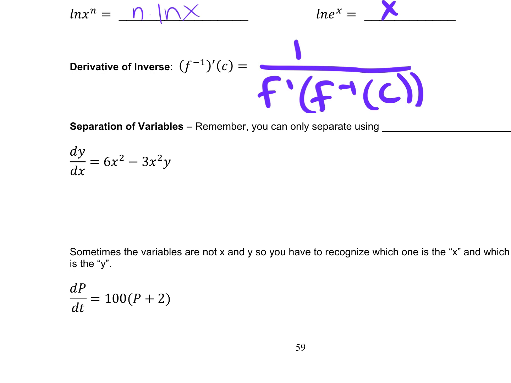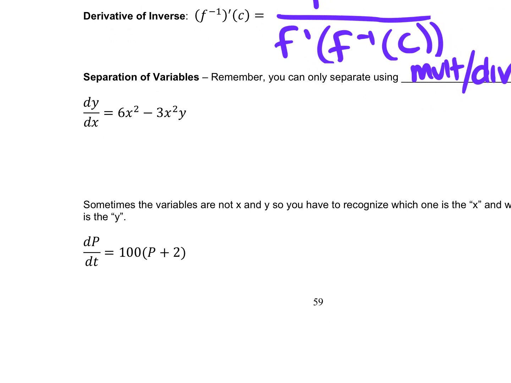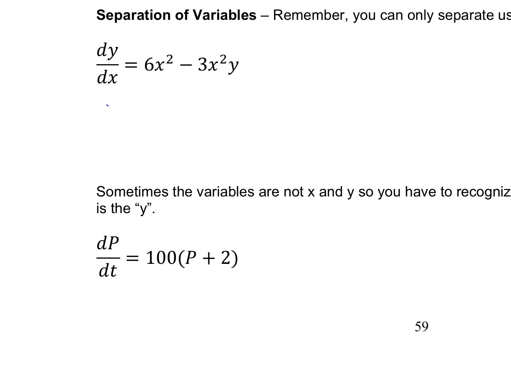Separation of variables, you can only separate using multiplication or division. So you either have to multiply or divide by the x and y pieces to get it to the other side. So for something like dy dx equals 6x squared minus 3x squared y, I cannot currently separate my variables because I can't add and subtract the y. So how would I have to fix that or help myself out? Factor. Factoring is always the answer.